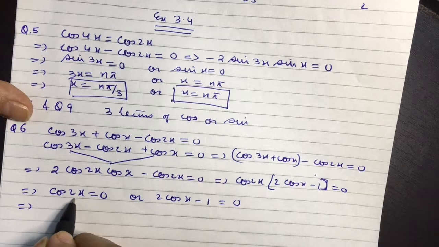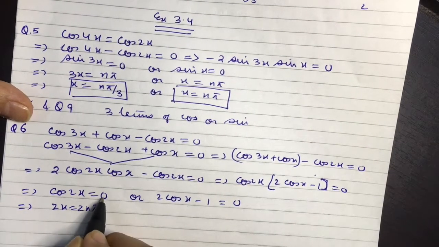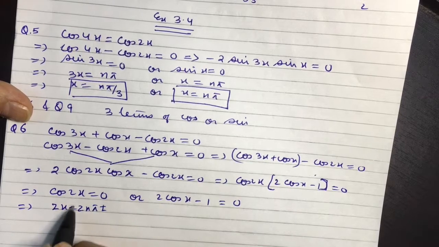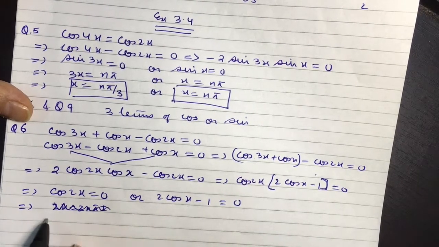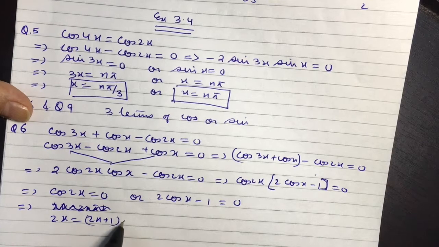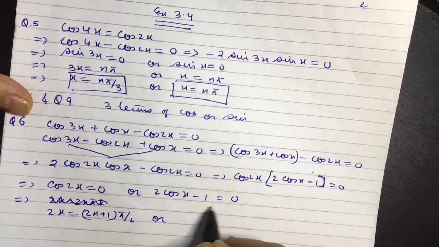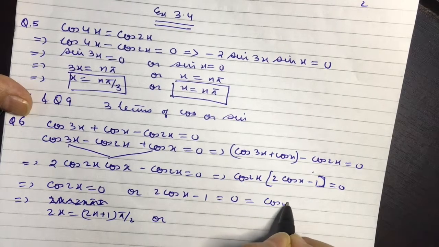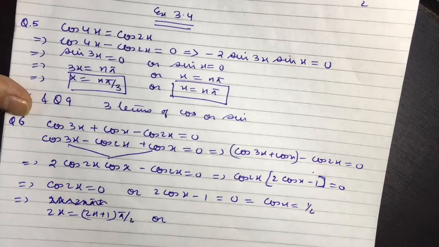Now the first gives us 2x equal to (2n plus 1) pi by 2, and the other can be written as cos x equal to half, which is to be dealt with in the same manner as done before.